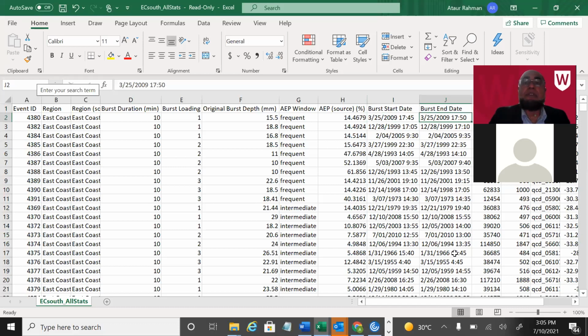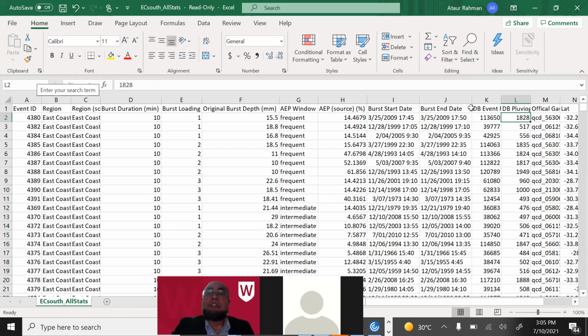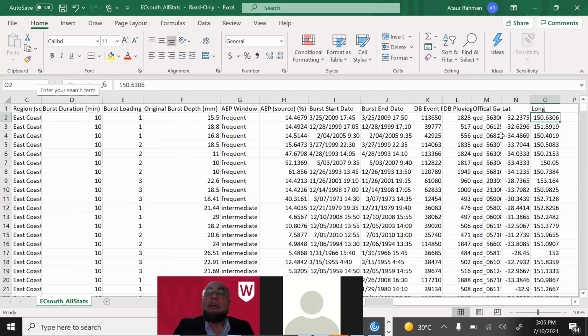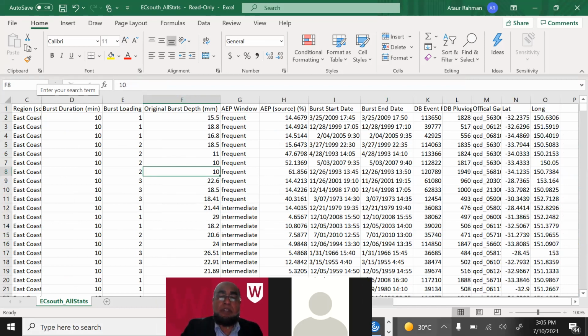So it's a historical event basically. And then this is the burst end time. So basically it is giving each of the events that have been used in the derivation of the temporal pattern.